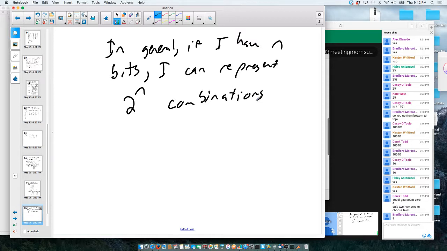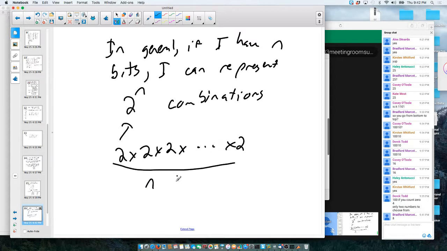So remember, 2 to the n is 2 times 2 times 2, n times. Not to be confused with 2 times n, not to be confused with n squared, which is n on the bottom and 2 on the top. So 3 bits was 2 times 2 times 2, 3 times. 4 bits would be 2 times 2 times 2 times 2, 4 times, 16, and so on.